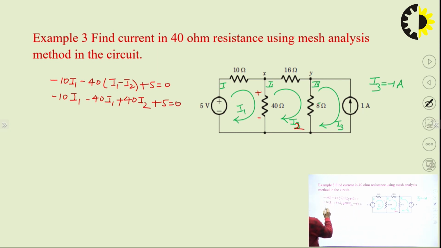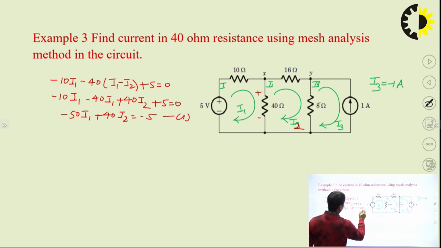So 10 minus 50 I1 plus 40 I2 is equal to minus 5. This is one equation. Assume that equation number 1.